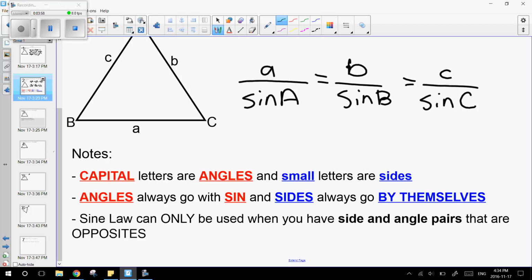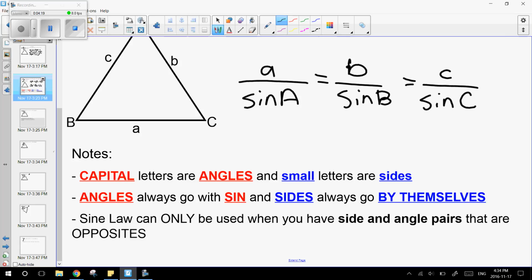The next thing that we want to look at is a couple different notes about using our sine law. I've already said this one. Capital letters are always our angles, and small letters are always our sides. The next note is that angles always must go with our sine, and sides always go by themselves.